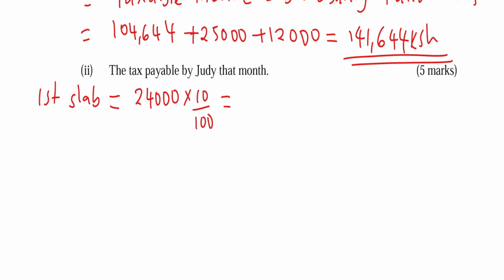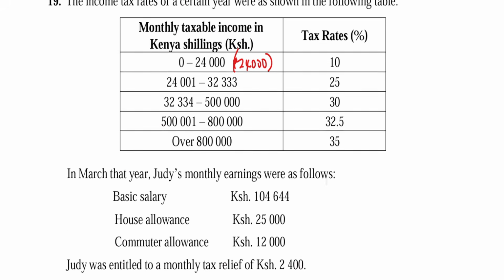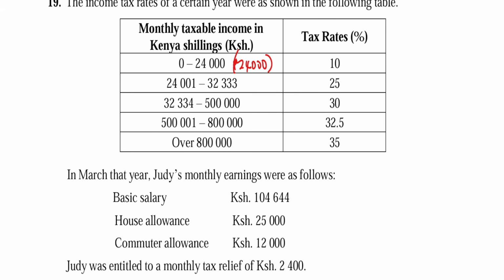So that region has 24,000. 10% of 24,000 gives you 2,400. For the second slab, obviously, it has a different amount, and that amount is given by the last digit that we have here minus the last digit in the first slab. So which is 32,333 minus 24,000, which gives you at least 8,333.